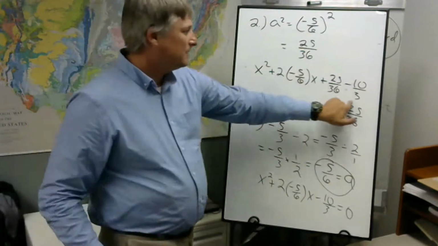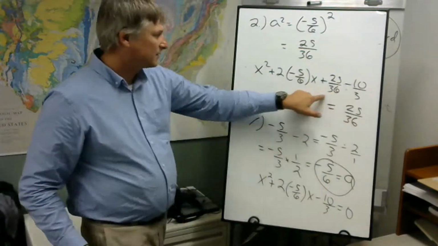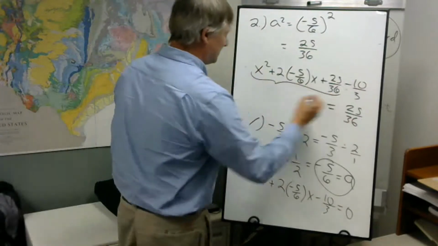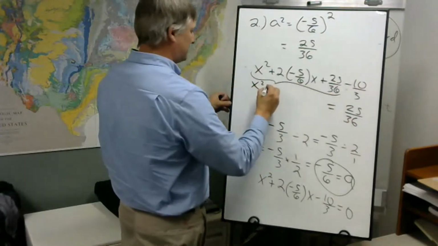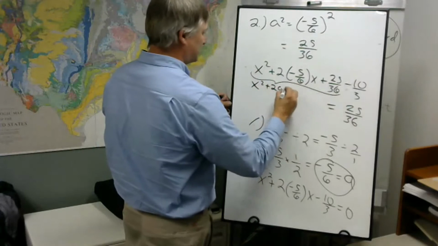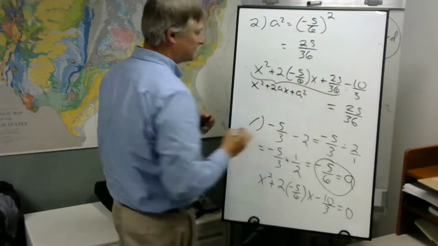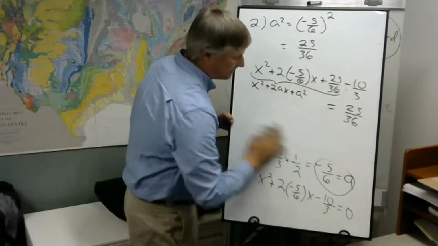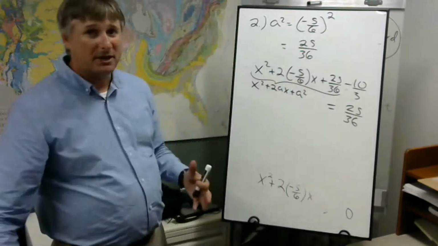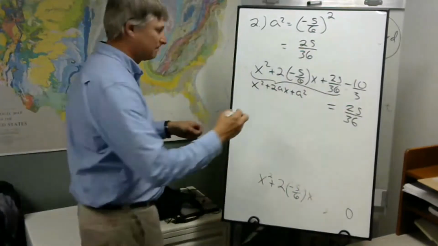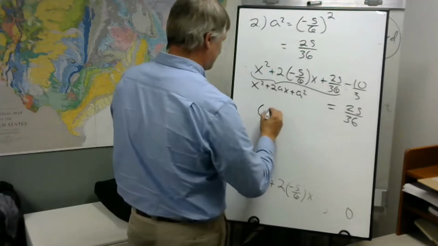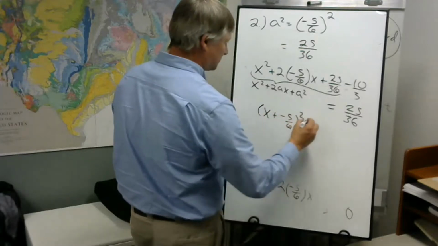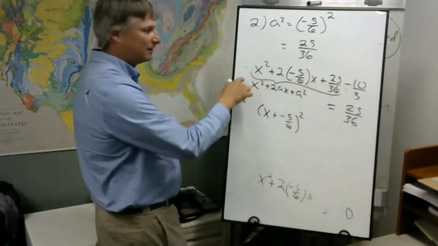And we're not going to combine these. We're going to keep the 25/36 with this because now this is our x squared plus 2ax plus a squared. And what we know is we can rewrite that as x plus a squared, x plus negative 5/6 squared, this whole thing.